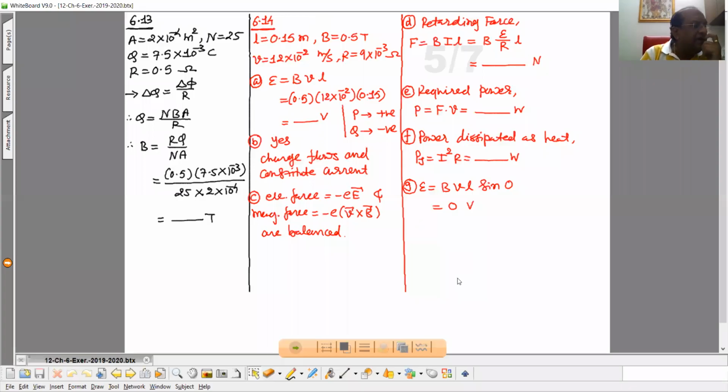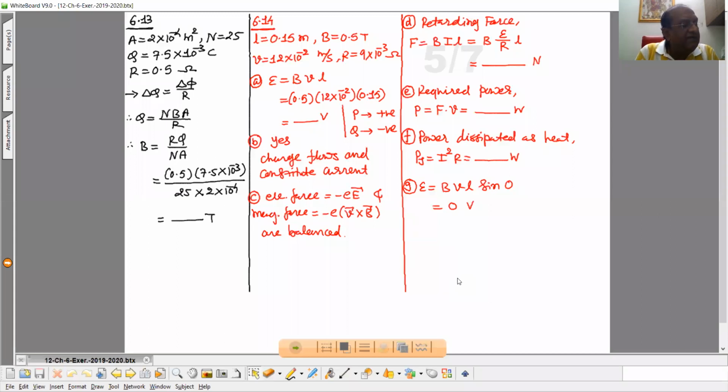6.13. It is desired to measure the magnitude of field between the poles of a powerful loudspeaker magnet. A small flat search coil of area 2 centimeter square with 25 closely wound turns is positioned normal to the field direction, and then quickly snatched out of the field region.